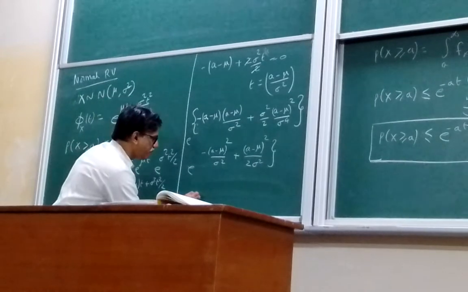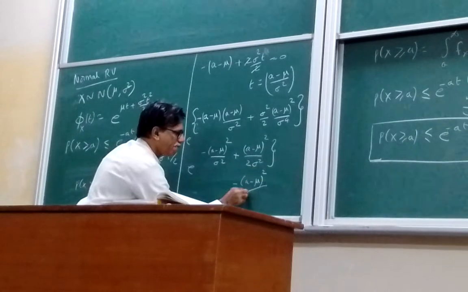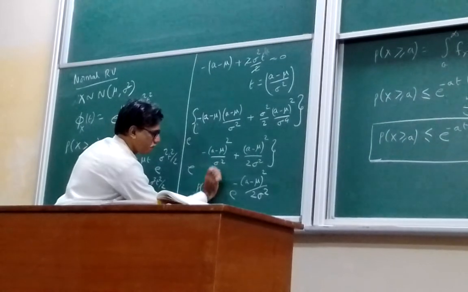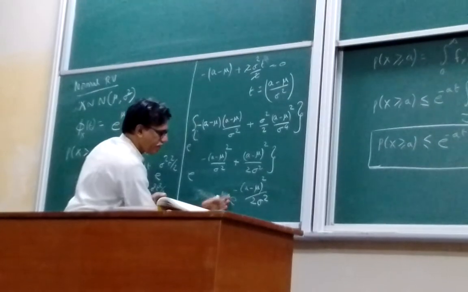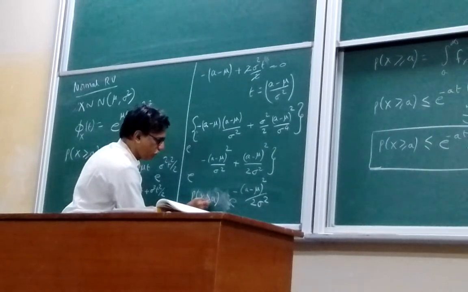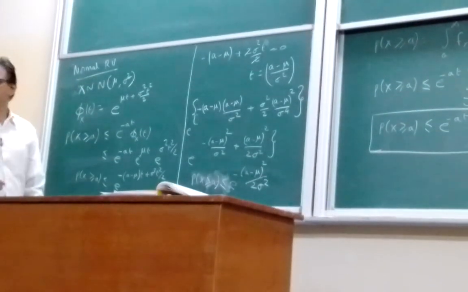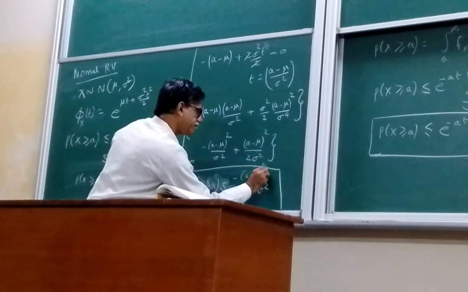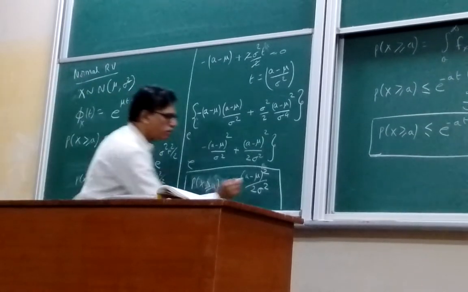So what you would get is... so this is what we get for the case of normal distribution. Okay? This is for Gaussian.